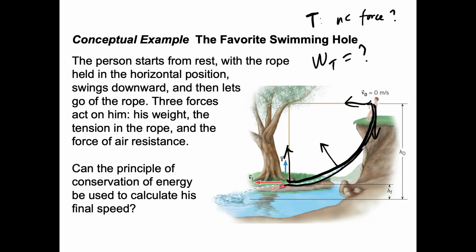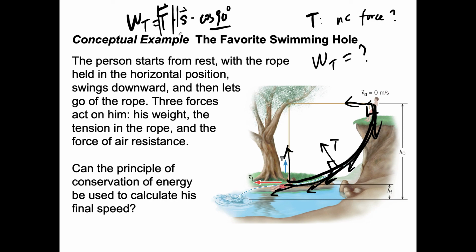We know the velocity of this ball is always along its path, and at any place, T is perpendicular to the instantaneous velocity, so perpendicular to the displacement at that moment. The work done by T is T times displacement times the cosine of the angle between T and S, and that angle is always 90 degrees.